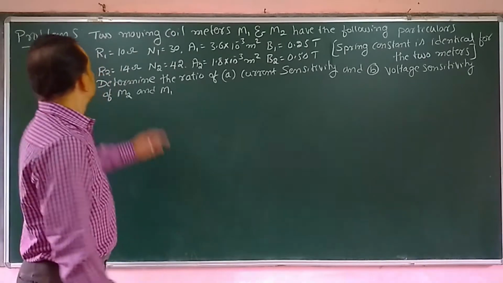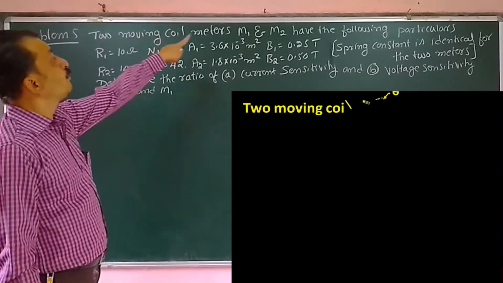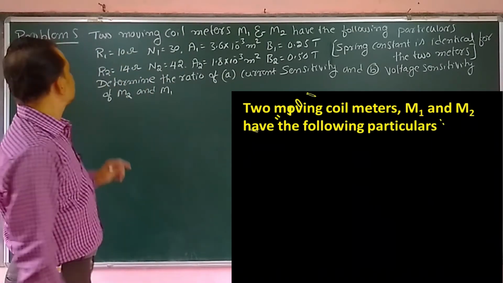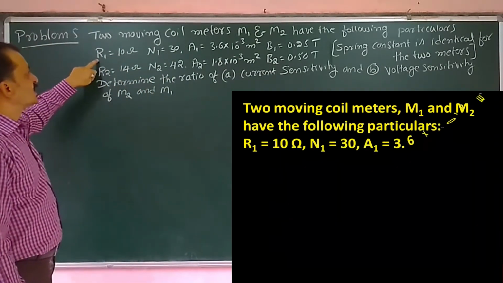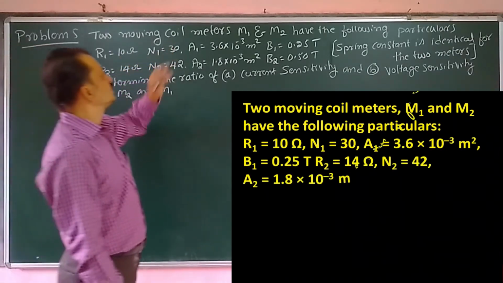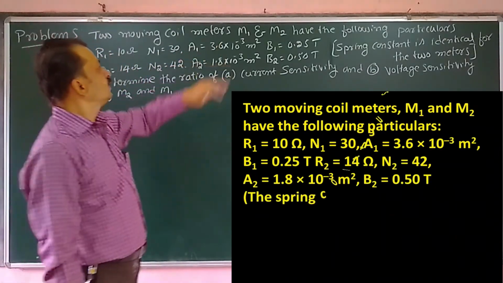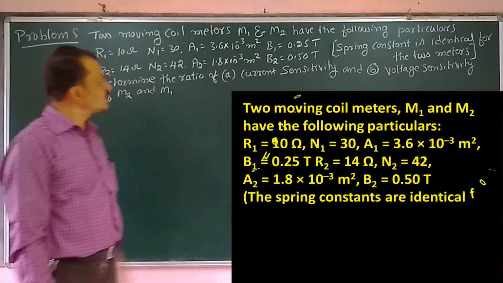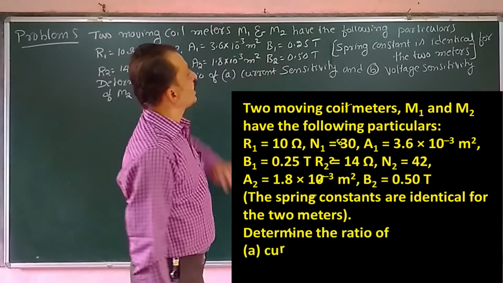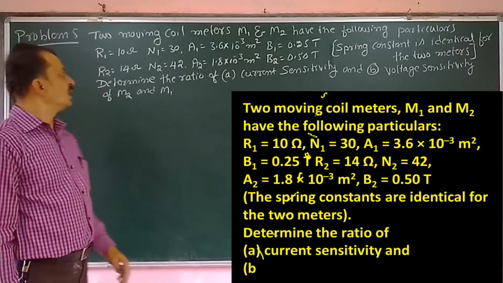Next problem. Two moving coil meters M1 and M2 have the following particulars. R1, that is resistance of the first coil, is 10 ohm, number of turns is 30, A1 area of cross section 3.6 into 10 to minus 3 meter square, and B1 magnetic field is 0.25 Tesla.